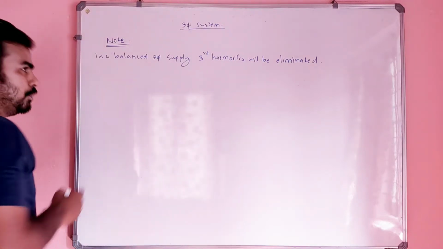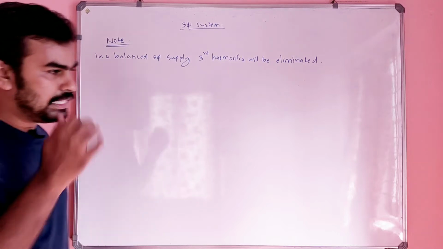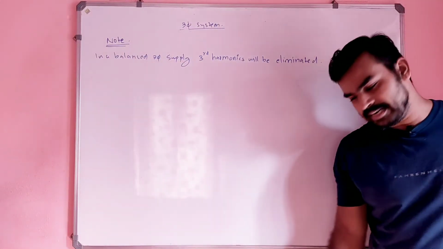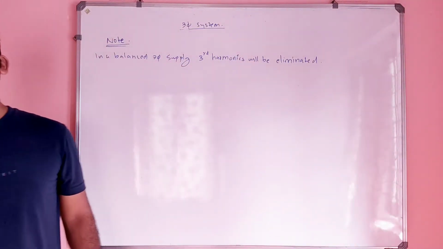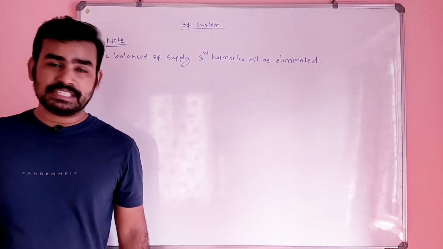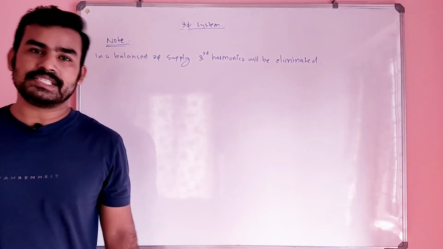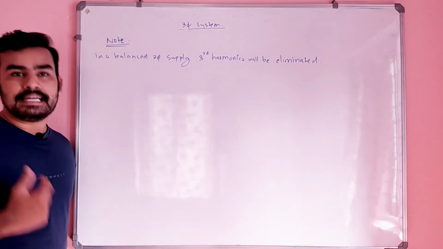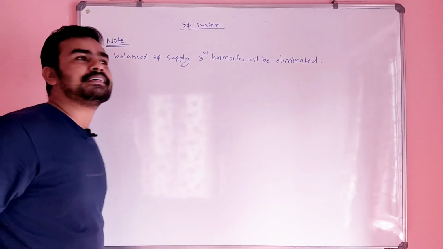This is a very important note. What is the meaning of a balanced three-phase supply? Already explained, right? Balanced means equal magnitude, equal impedance, and very importantly, a 120-degree phase angle between each phase voltage. Then only we can say it is a balanced supply. So for such a balanced supply, there will not be third harmonics.